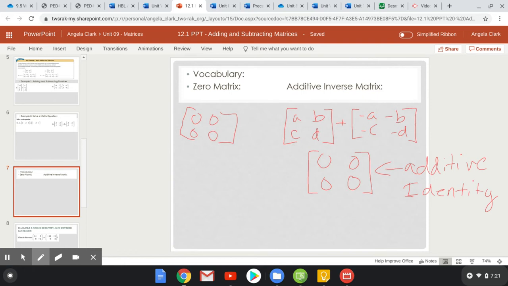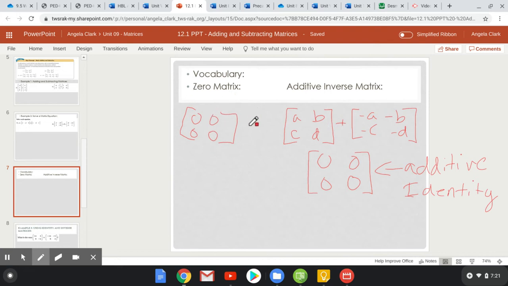So for example, 2 plus 0 is still 2, right? So the additive identity when we're just dealing with numbers is 0. The additive identity when we're dealing with matrices is the zero matrix.